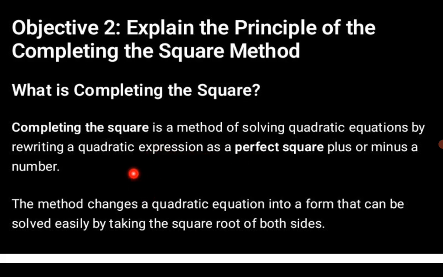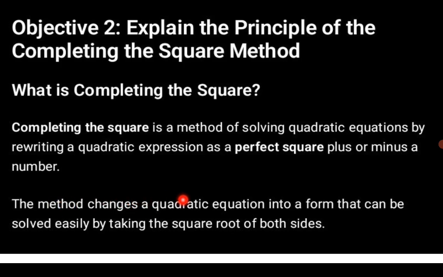We're going to see how this is done. So completing the square is a method of solving quadratic equations by rewriting a quadratic expression as a perfect square, plus or minus a number.